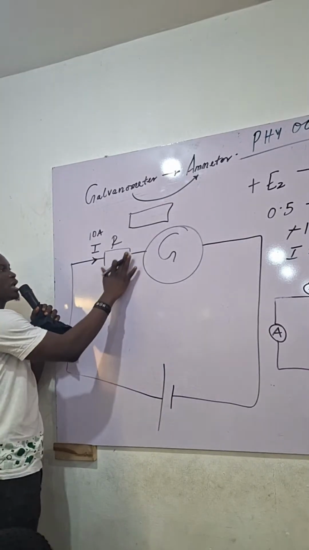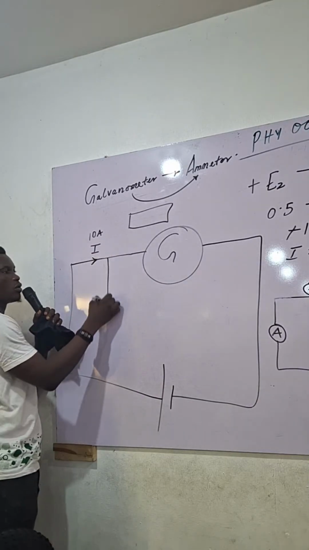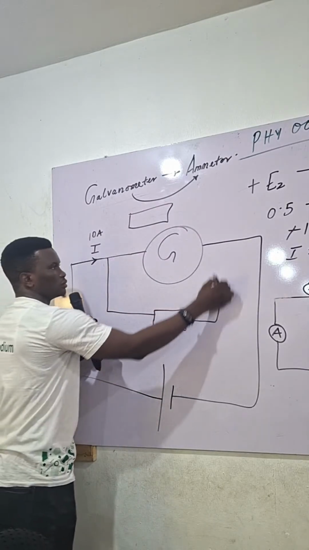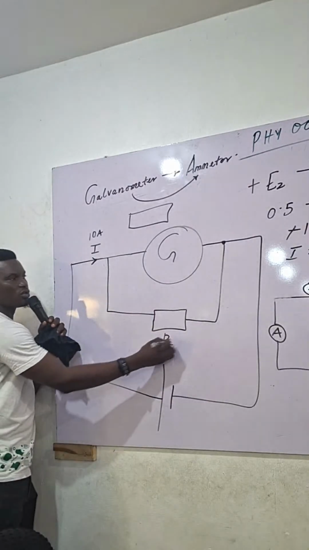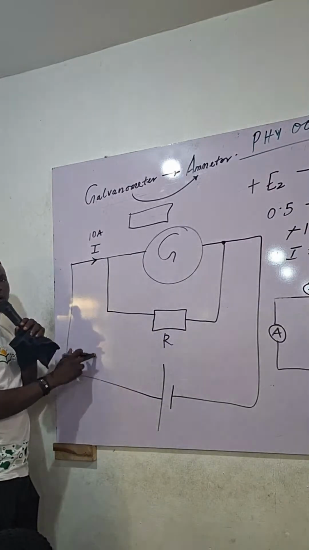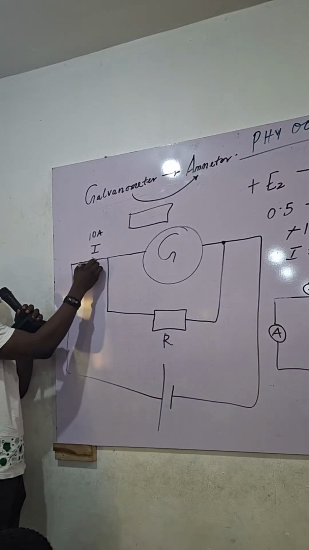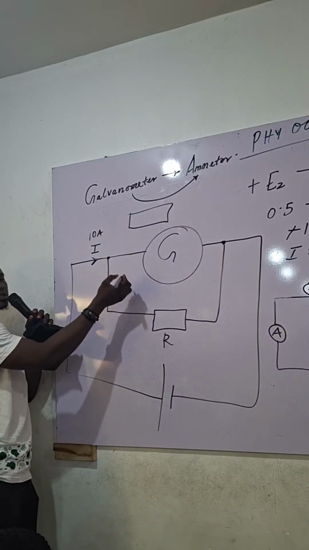So I will plug that resistor. I will connect it like this. So if I connect this resistor to this guy in parallel, what do you think will happen? As the 10 ampere is coming, when it gets to this junction, what will it do? It will split.